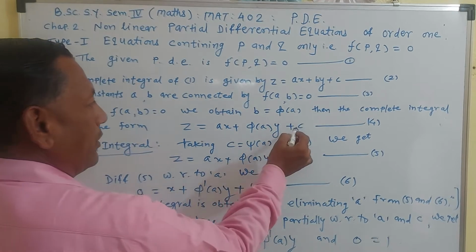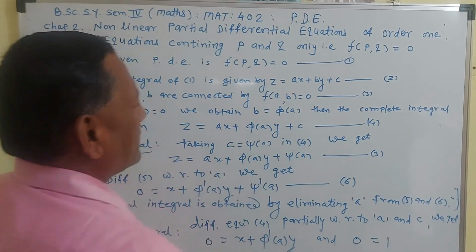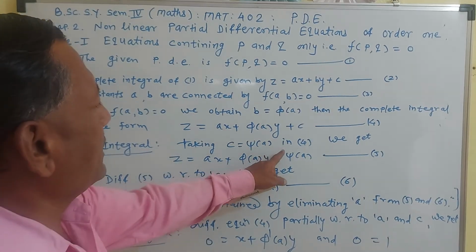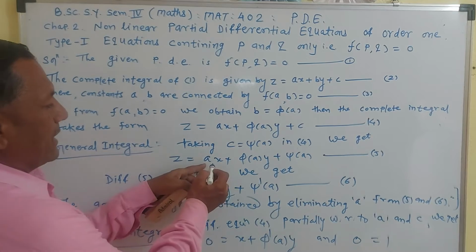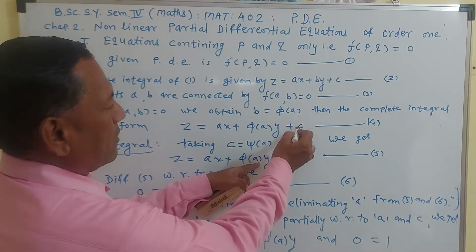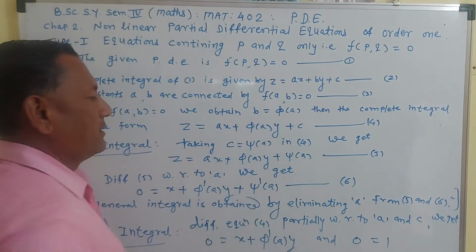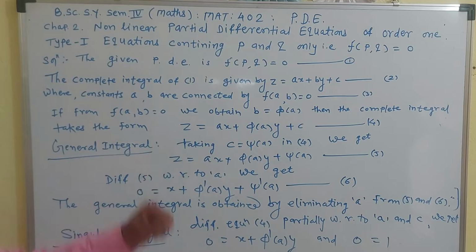Now you take c = ψ(a) and substitute it in equation 4. You get z = ax + φ(a)y + ψ(a). Suppose this is equation 5. So this is the general integral.